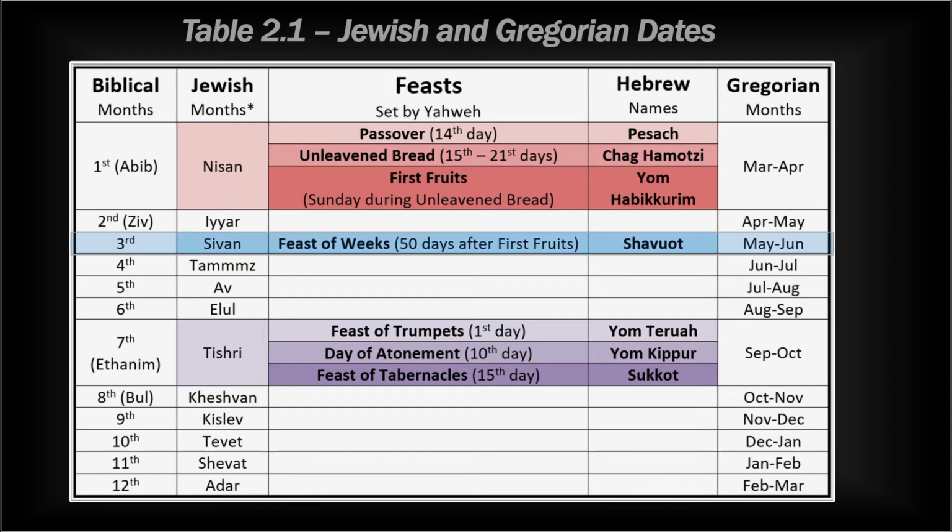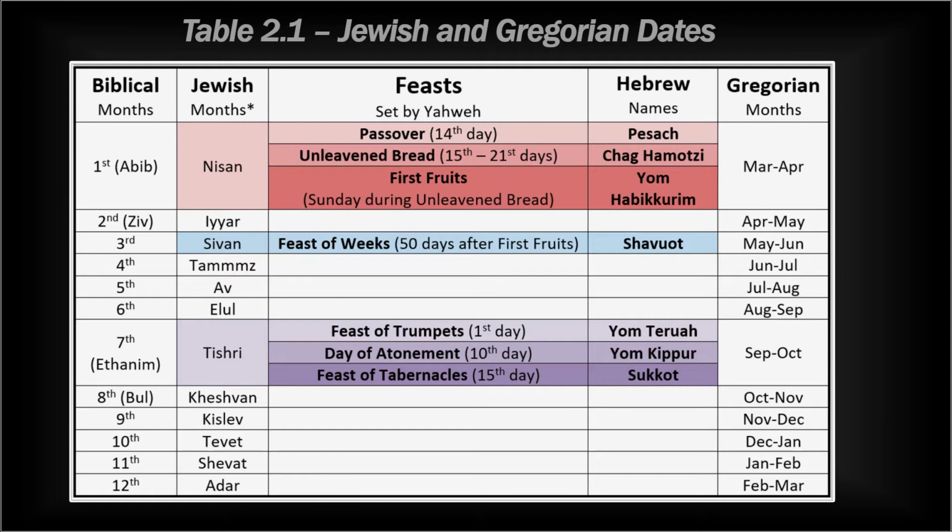The fourth feast is the Feast of Weeks. It is a one-day feast in the month of Sivan, which occurs in May or June. To find this feast, one counts off 7 weeks, or 49 days. The next day, the 50th, is the Feast of Weeks, sometimes called Pentecost, which simply means the 50th. And then the last 3 feasts happen all together in the month of Tishri, which occurs in September or October.